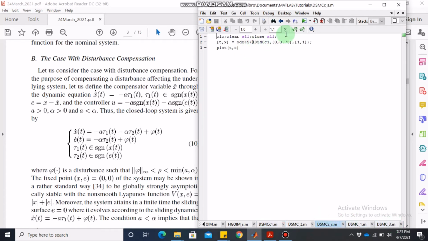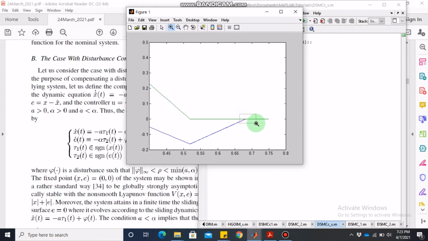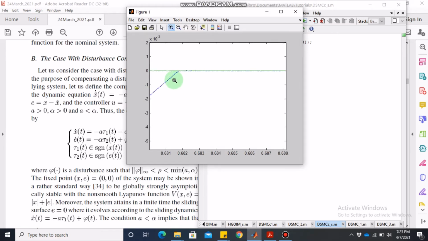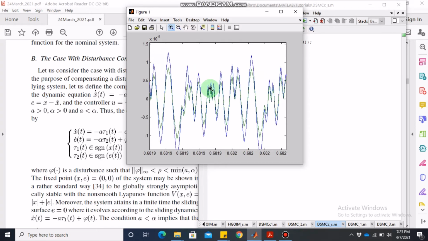So I run it again, and I can show you the fluctuations are quite small. Yeah, so you can see the fluctuations. If I look into that, these are of the order of 10 raised power minus 5 or something.